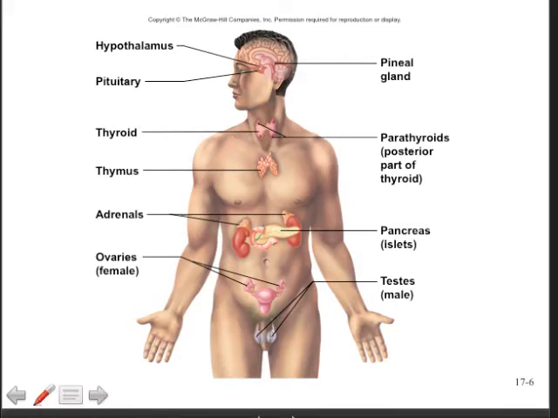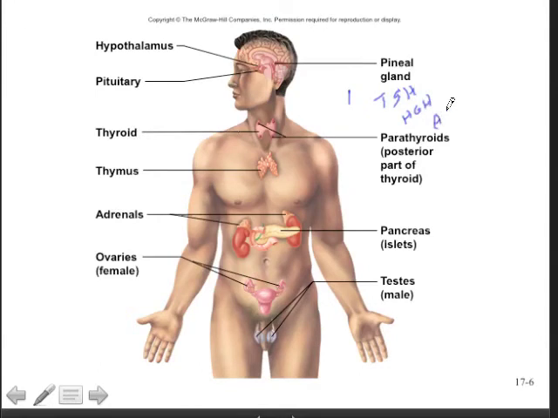Okay, so let's indicate them by drawing them here. Okay, so we've got TSH. Okay, we've got human growth hormone.